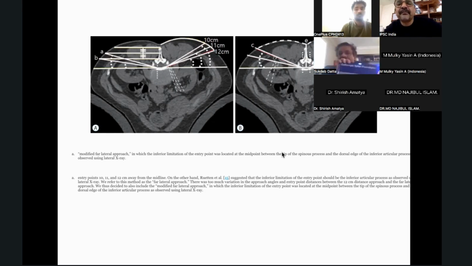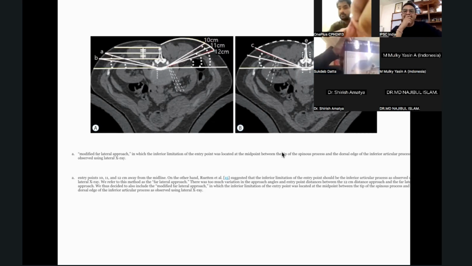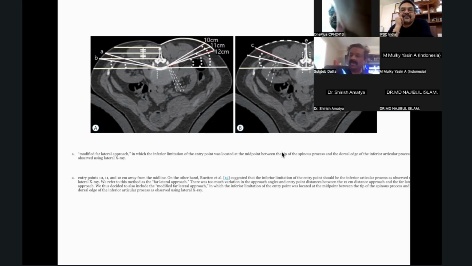Yes, Endoscopic Spine. It's a very nice book. It's by Dr. Kim, Choi and Lee. You should get it on Amazon. Amazon should have it. It is also there on Telegram.